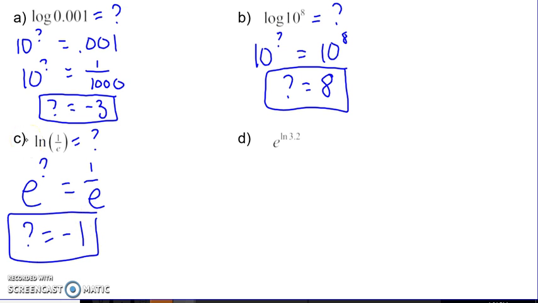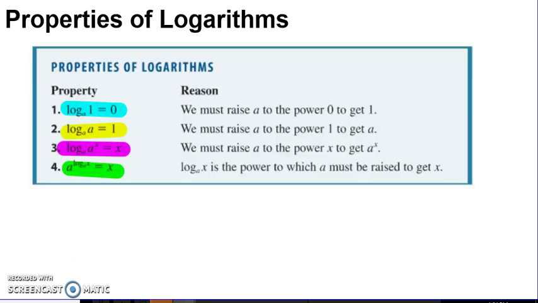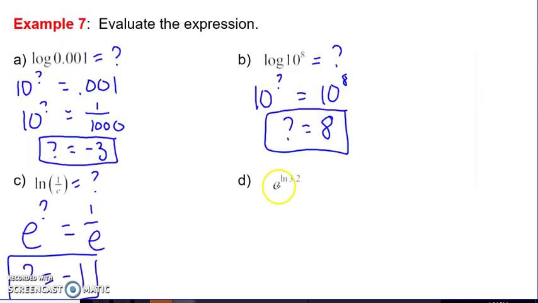And then part D, this is very similar to rules 1 through 4, and I'll even go back to those. When I look at rules 1 through 4, question D looks very similar to question number 4, except that log a of x is replaced with the ln of 3.2. Anything e to the ln can be rewritten, so e to the ln question mark will give you ln of 3.2.